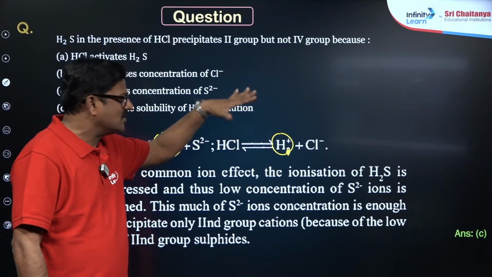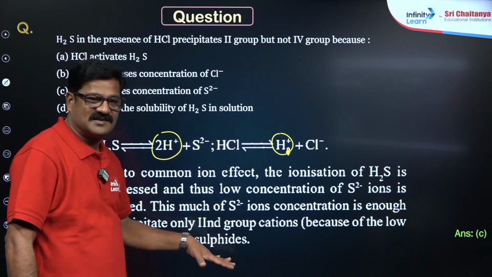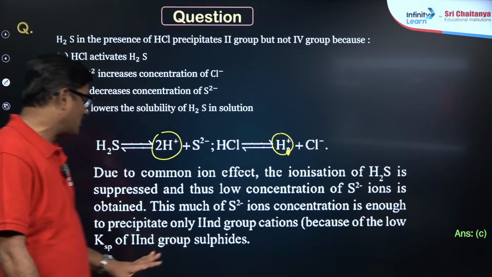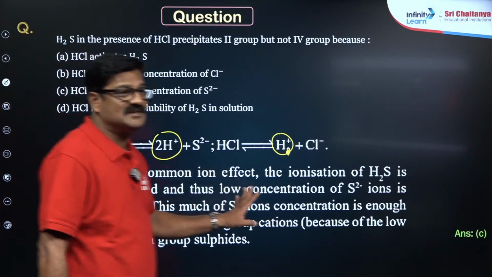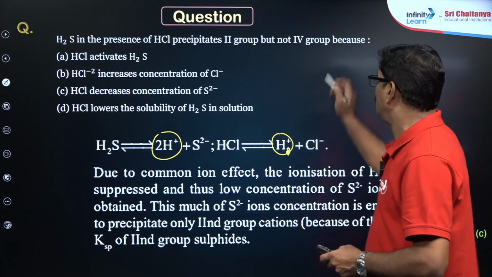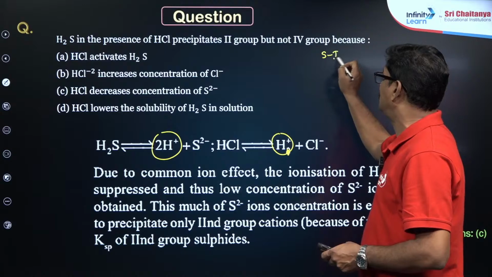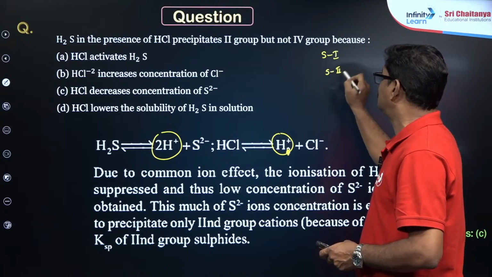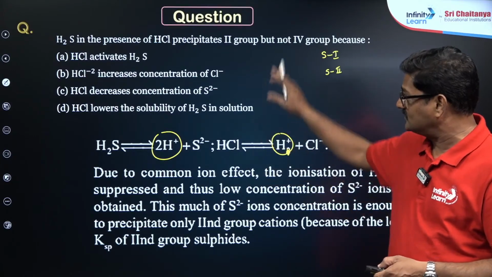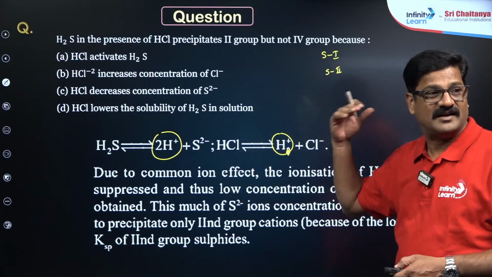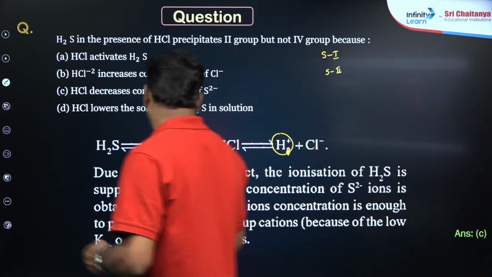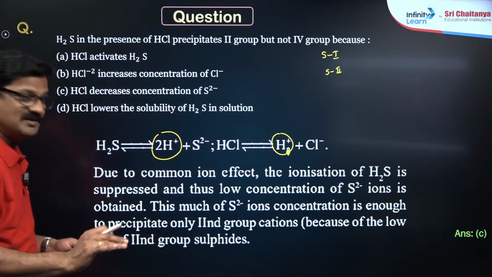It is going to suppress these ionizations so that precipitation immediately takes place. So common ion effect. Assertion reasoning type questions are also important. Based on this, statement 1 and statement 2 questions are available. The reason is the correct explanation of the assertion. Simply it is due to the common ion effect. Clear better?